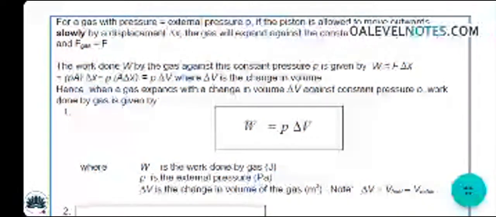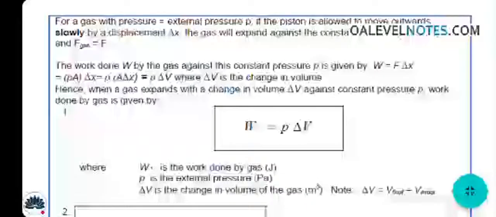Hence, how can I write that work done is equal to PA delta x? This is because of the pressure formula. Do you know the formula for pressure? Pressure is equal to force divided by area.